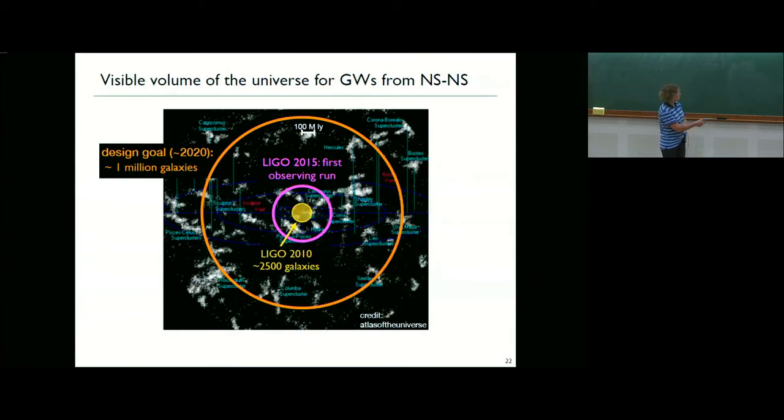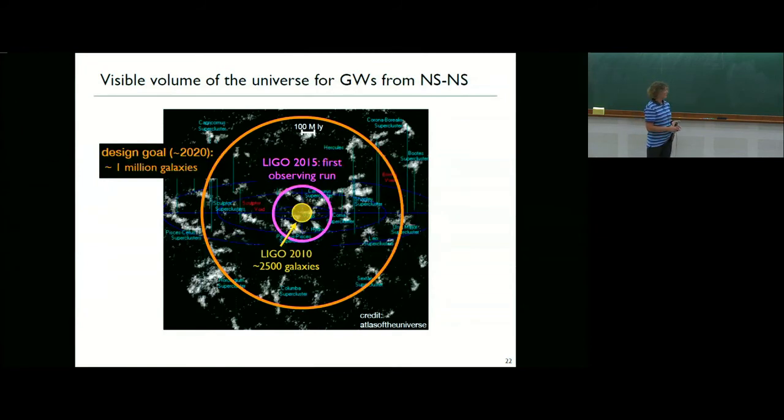So this shows you roughly the volume of the universe where LIGO could see neutron star mergers. In yellow is what initial LIGO could do. But then there was a major upgrade to advanced LIGO, so the pink is where advanced LIGO was sensitive. Currently it's still in that sort of range. You see it's just a very small volume of the universe.